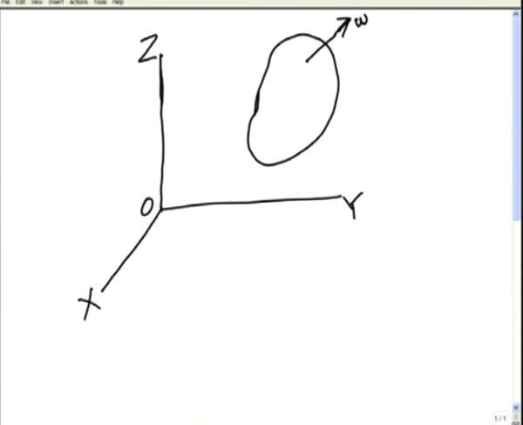At the same time, the body may be translating also. So, if I choose an axis system x, y, z on the body, this is y, then z, this is x, where small o is the origin, a point on the body.